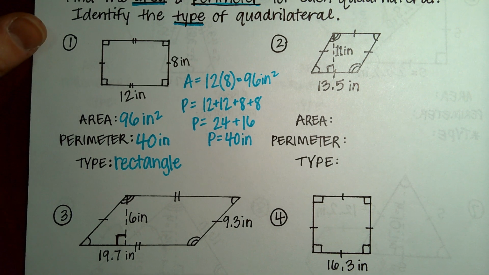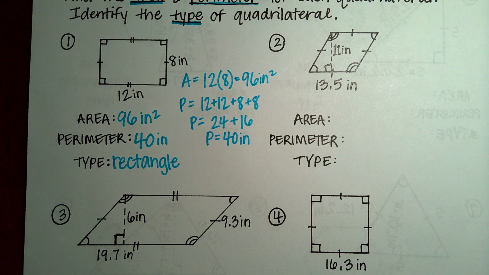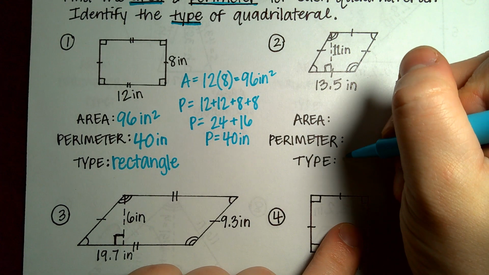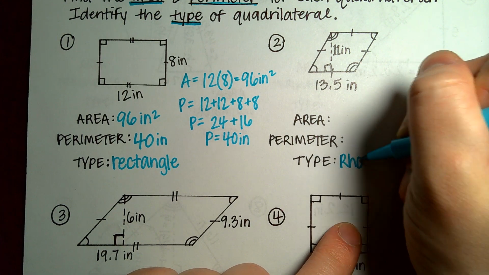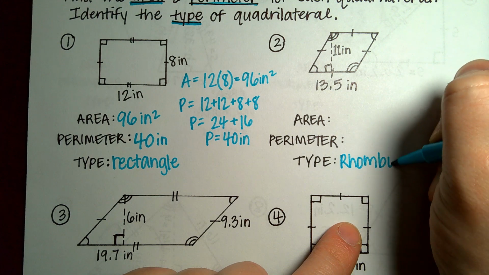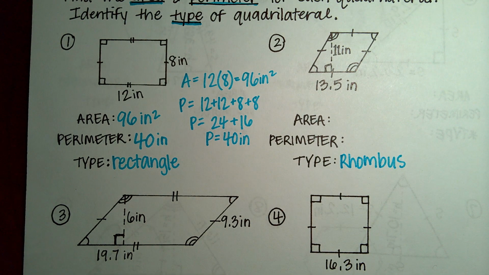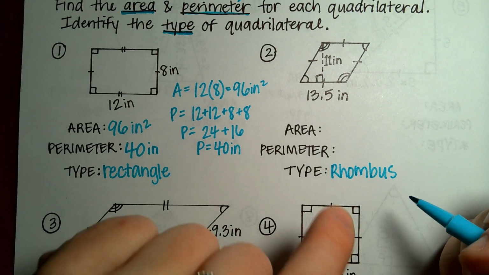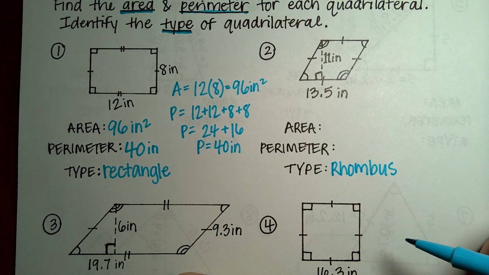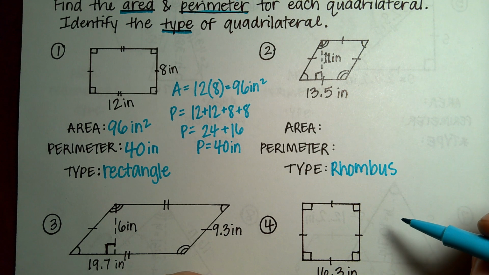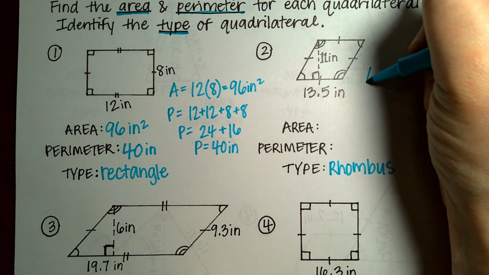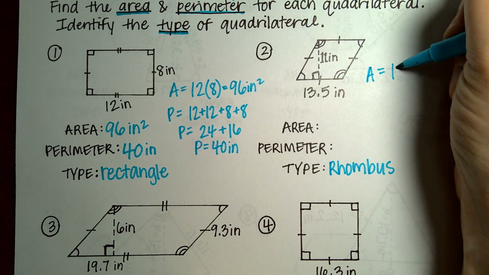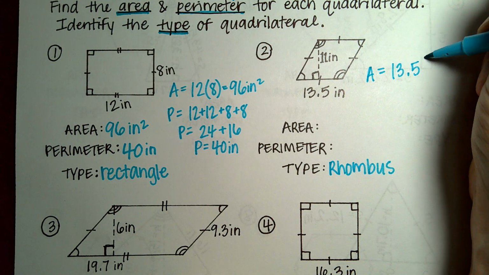Okay, let's look at number 2. What type of quadrilateral is this? A rhombus, good. Okay, so how do we find the area of our rhombus here? Base times height. So what's our base and what's our height? 13.5 is the base, 11 inches is the height. Perfect.